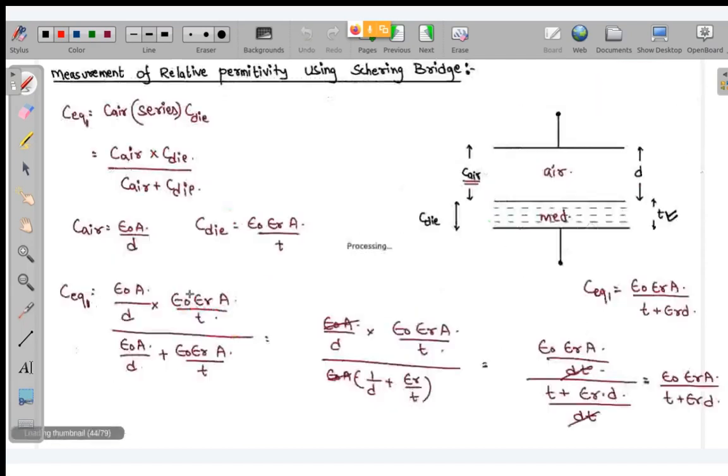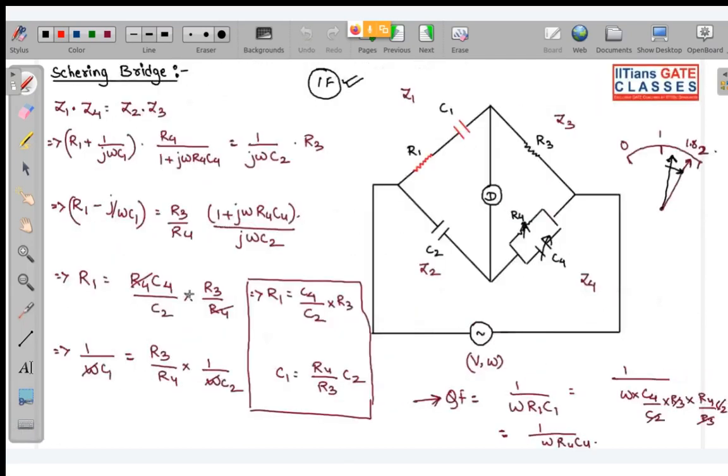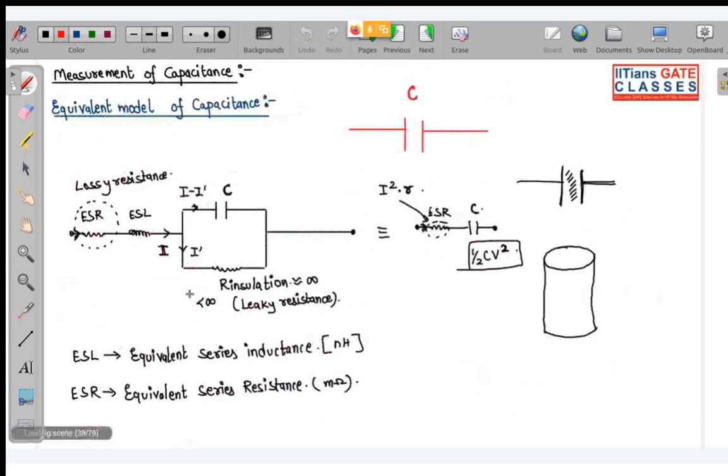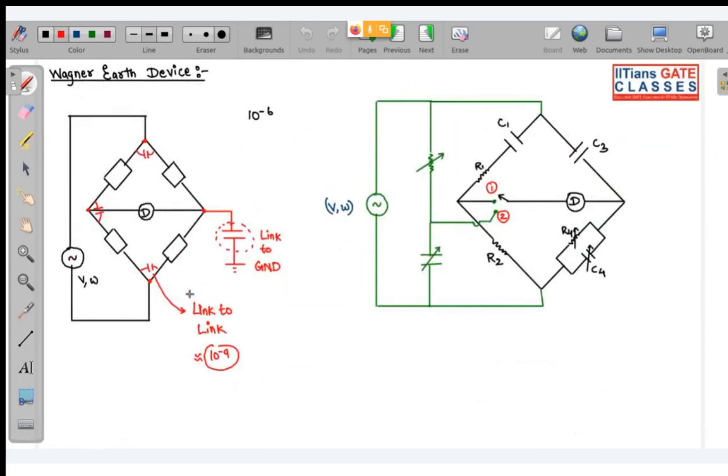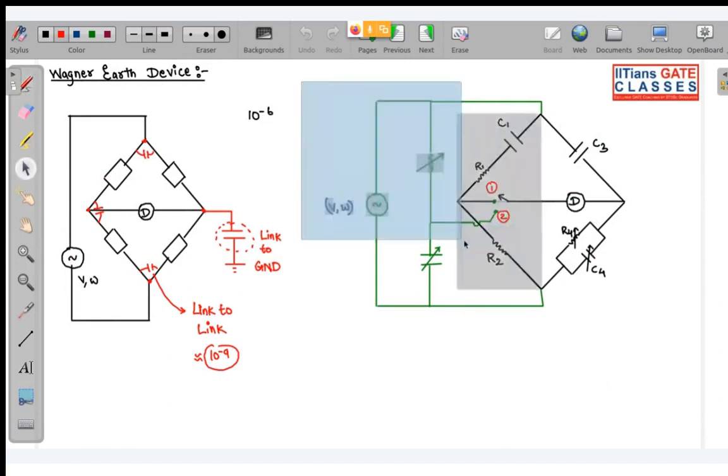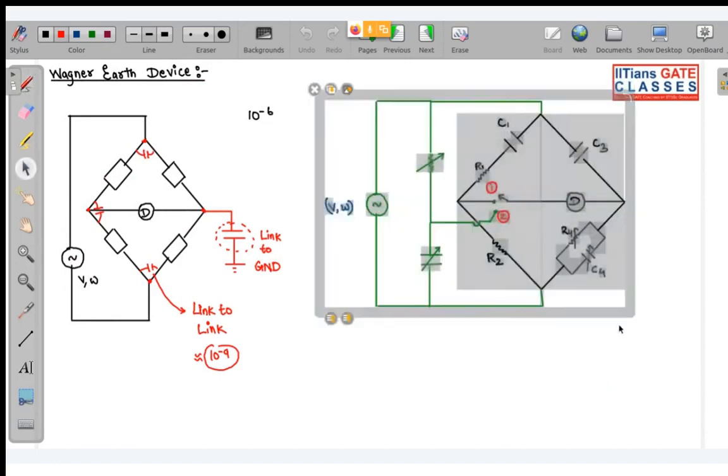Any of these bridges, like the Schering bridge, the De Sauty bridge, or even the modified De Sauty bridge, are actually connected on this apparatus only. This is your Schering bridge. Now, how does this Schering bridge work? Let us see. No need to write. First understand what is happening, then you can write it in your own language. First, listen.